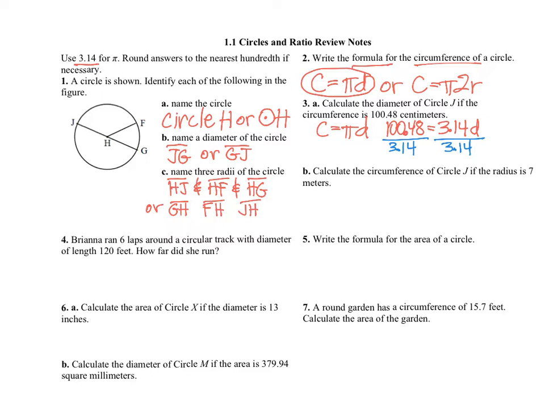And you guys should be doing it, of course, on your own calculators. See if you can get the same thing I get. And I get 32. Now, they said centimeters in the problem, so I'm going to say 32 centimeters equals the diameter.